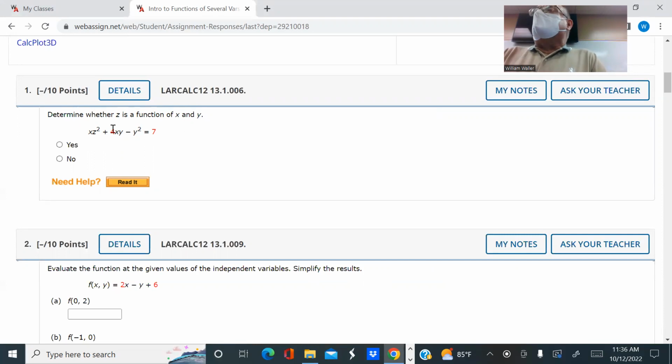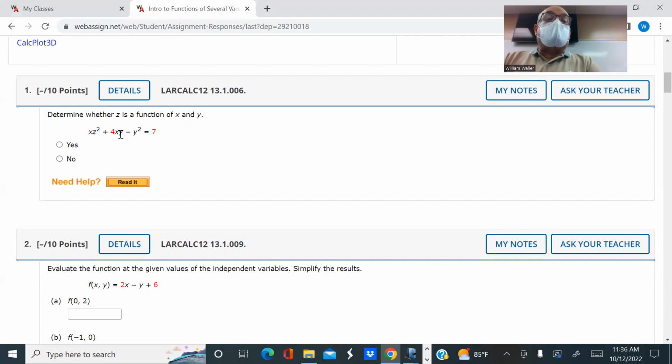What that means is, if you pick particular choices for x and y, if you choose a point (x, y) on the xy plane, will you be able to determine one and only one value for z from this equation?